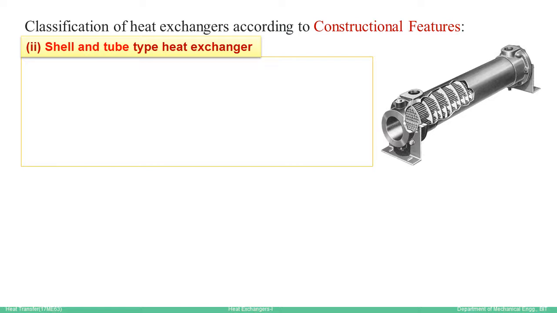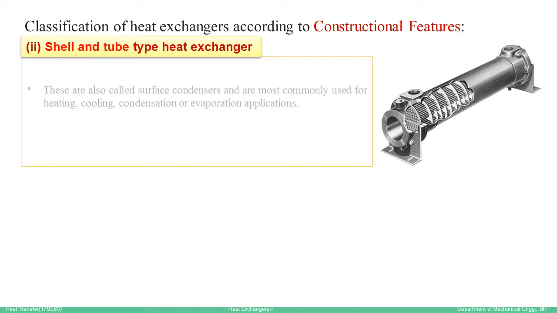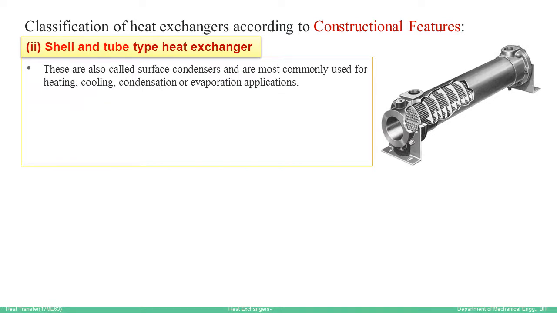You can see the baffle plates which are used to facilitate the flow of one fluid flowing over the tubes. Basically these are called surface condensers. Surface condensers are those where there is heat exchange between two fluids separated by a pipe surface, and these are more commonly used in heating, cooling, condensation and evaporation applications.